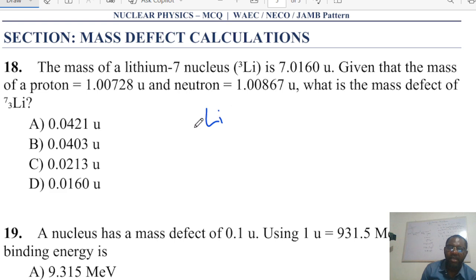Lithium has a mass number of 7 and an atomic number of 3. If you subtract, you get 4. That means lithium has 3 protons and 4 neutrons.